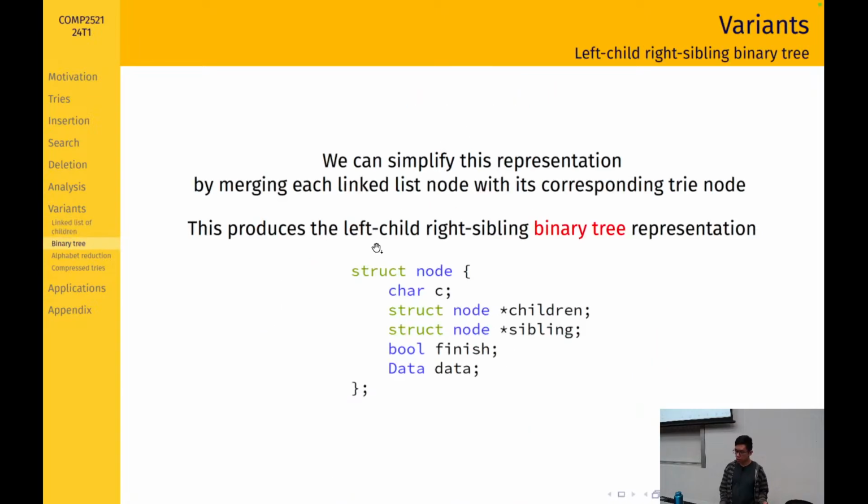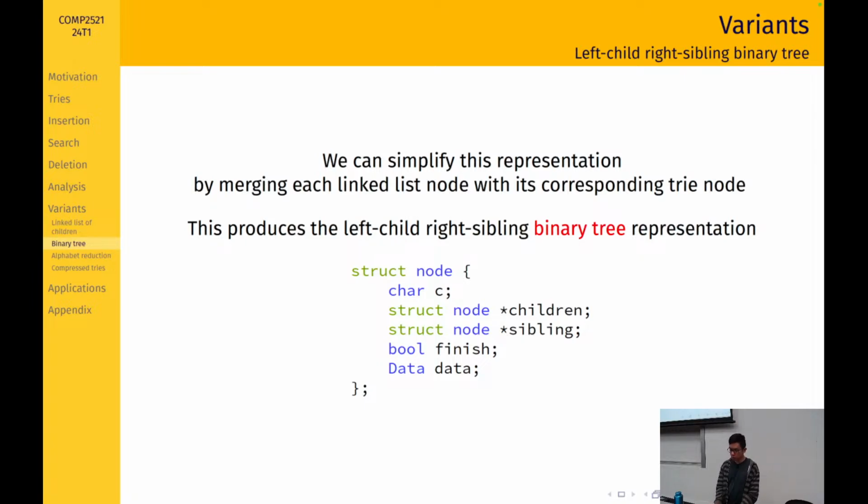And what we get is a trie node that contains a character, a pointer to the first child, a pointer to the next node in the list of children called sibling, a Boolean which indicates whether the node is a finishing node, and some data. And this is a kind of binary tree, because each node has 2 pointers. The first pointer points to the first child, and the second pointer points to the sibling. And this is called the left child, right sibling representation.